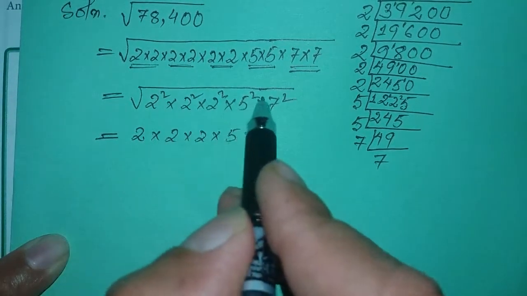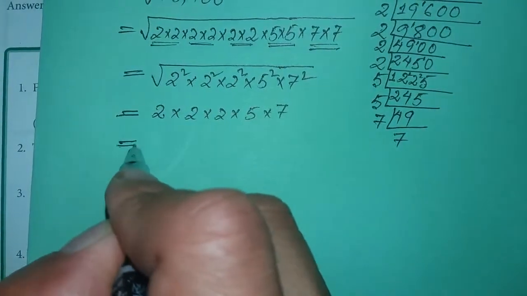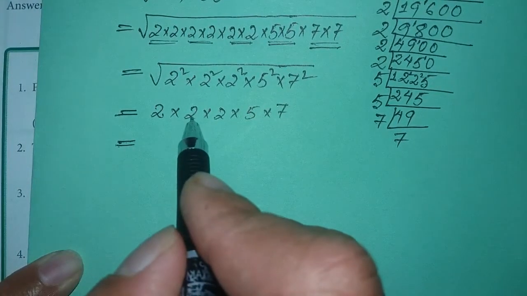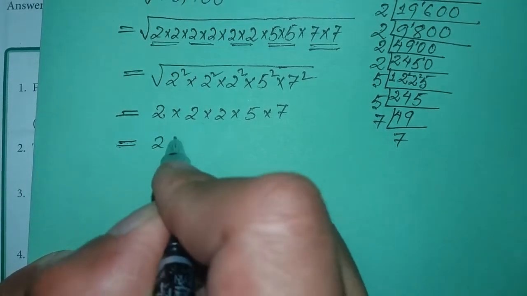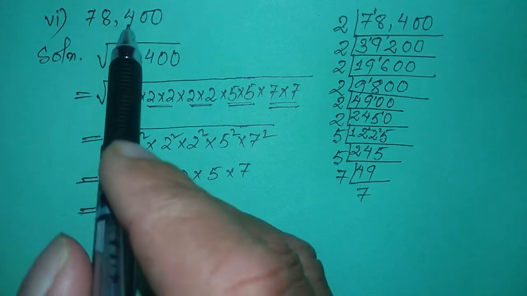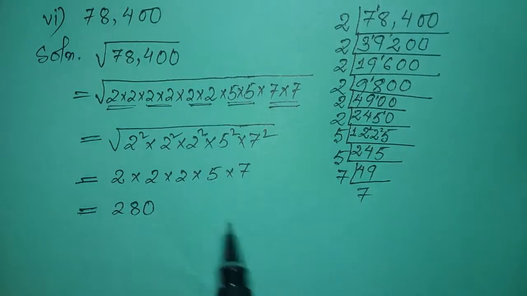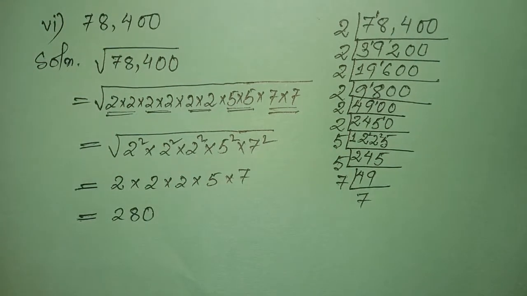Now no more square, no more root sign. Now 2 2s are 4, 4 7s are 28, 28 into 10 is 280. So the square root of 78,400 is 280.